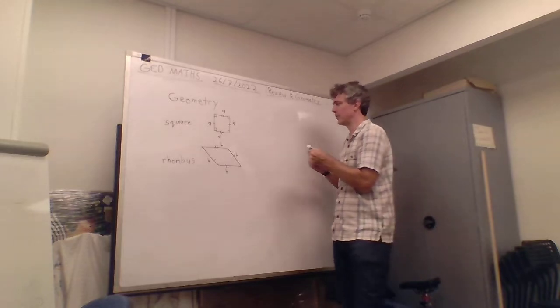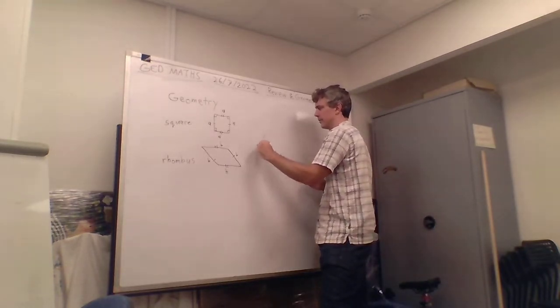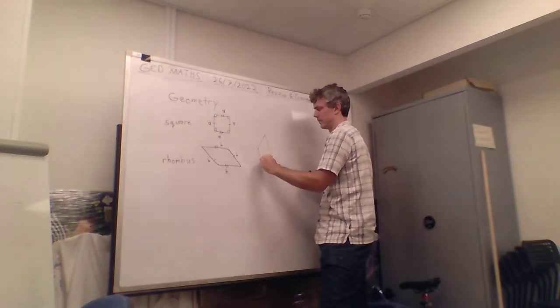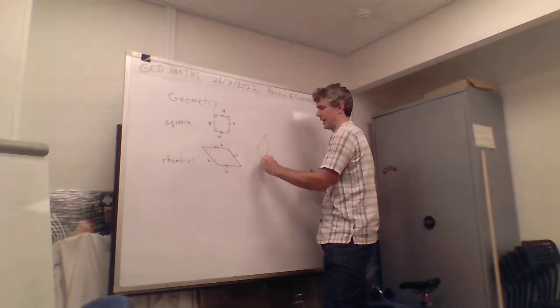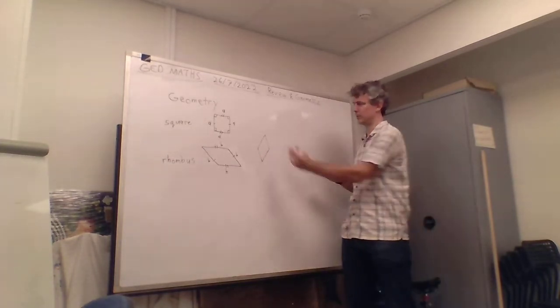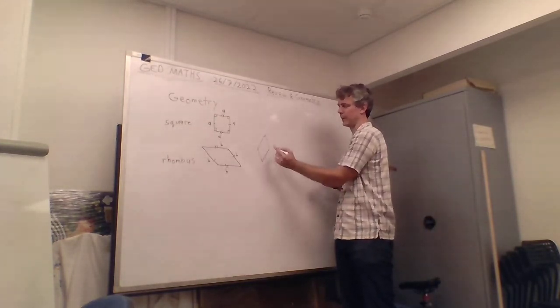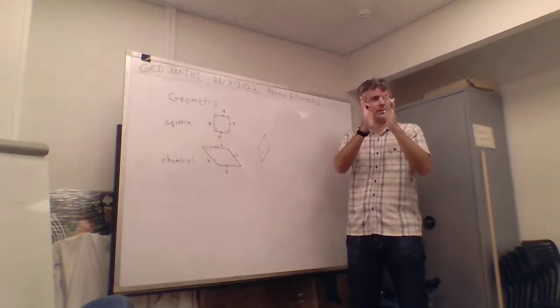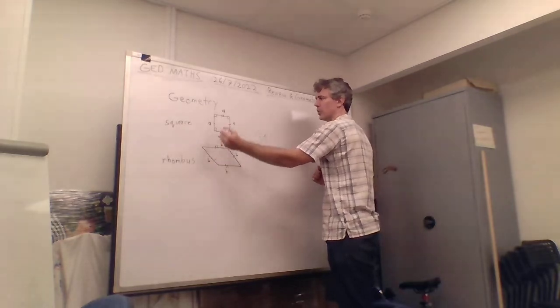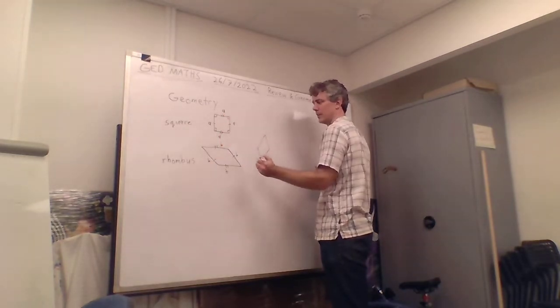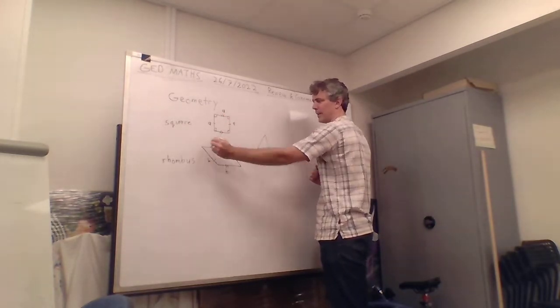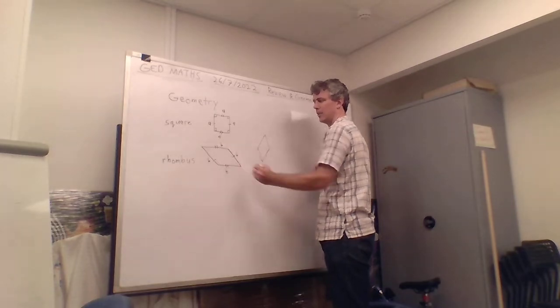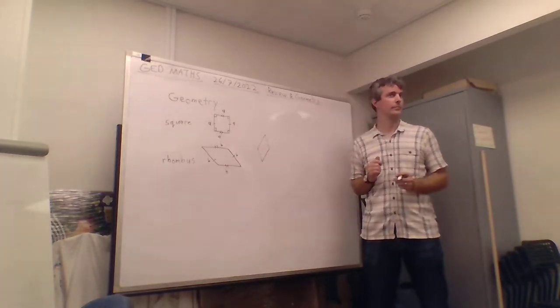A rhombus could also be like that, because these two lines are parallel, these two lines are parallel, and these sides are all equal. It's as if you take a square and flatten it. So a square is a special rhombus which has 90-degree angles, and a rhombus is basically a parallelogram that has all sides equal.